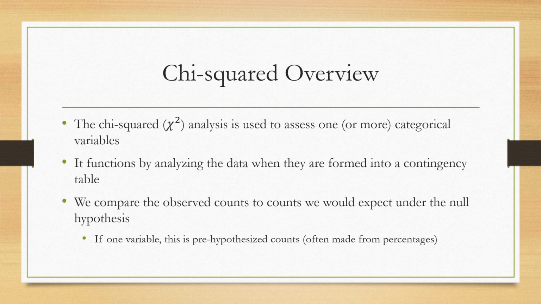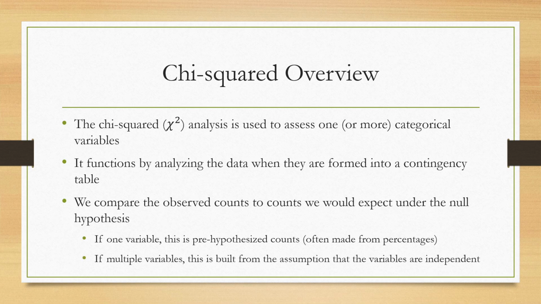But that's how we would get these pre-hypothesized, null hypothesized counts. And we could either use counts or we could do percentages and then make the counts based on those percentages. That's something that'll be very easily accessible for us.